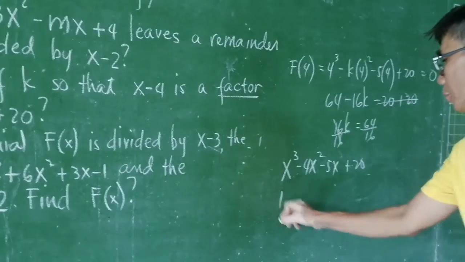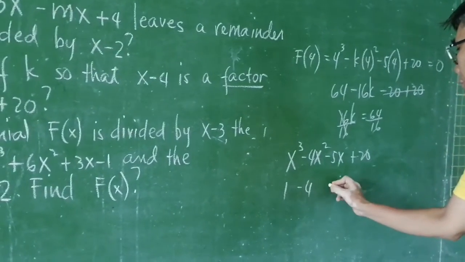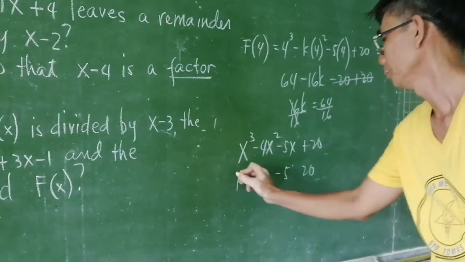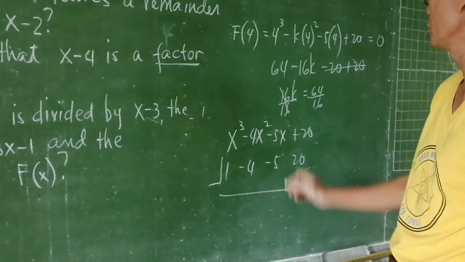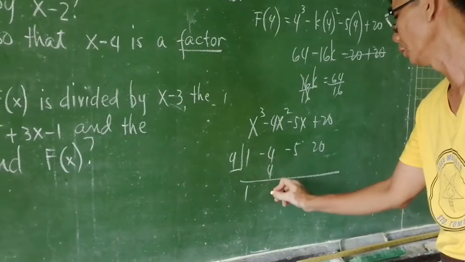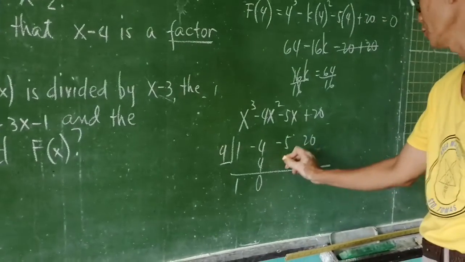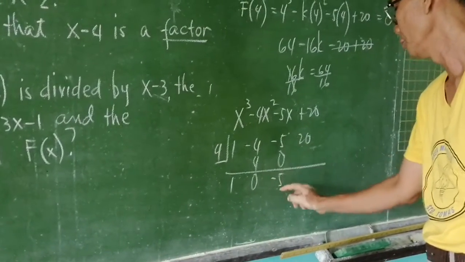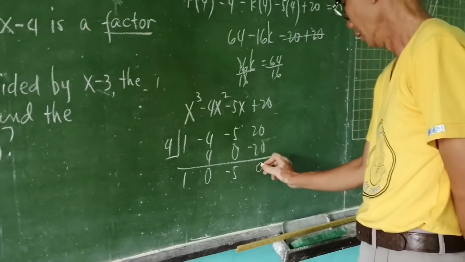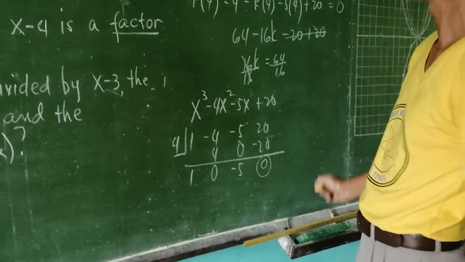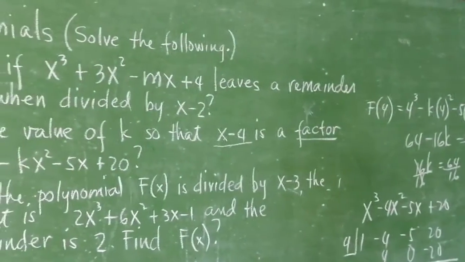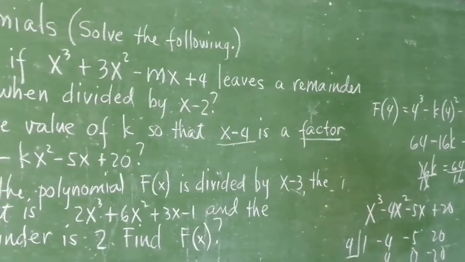So shall we check by synthetic division? So your divisor is 4. Bring down 1. Multiply, that will be 4. And that will be 0, 0, negative 5. That will be negative 20, so 0. So there is no remainder. So meaning to say that x minus 4 is a factor. Okay, so that's the solution for that.